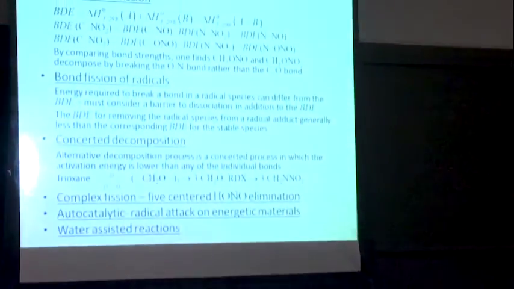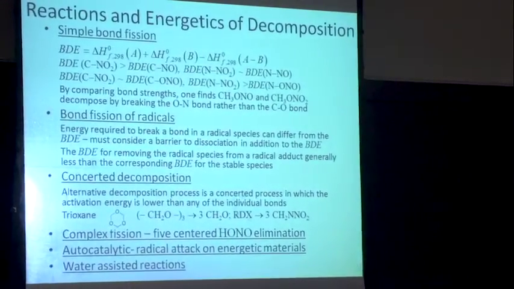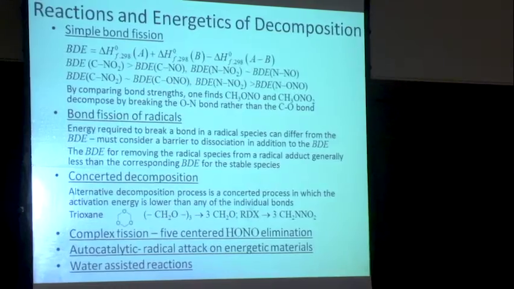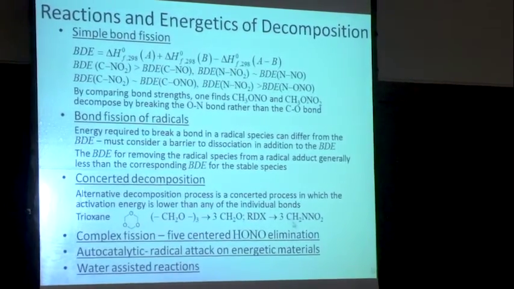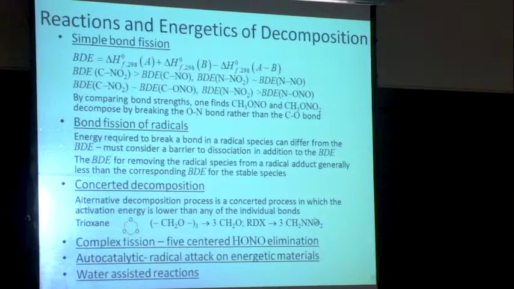And what happens is the energy becomes distributed throughout the molecular structure, and 3 bonds break nearly at the same time. I end up with, in the case of trioxane, it breaking apart to form 3 formaldehydes. And in the case of RDX, it breaks apart to form 3 methylene nitramine molecules. So I don't have a slow process of it coming apart. Basically, the ring unravels in one step.